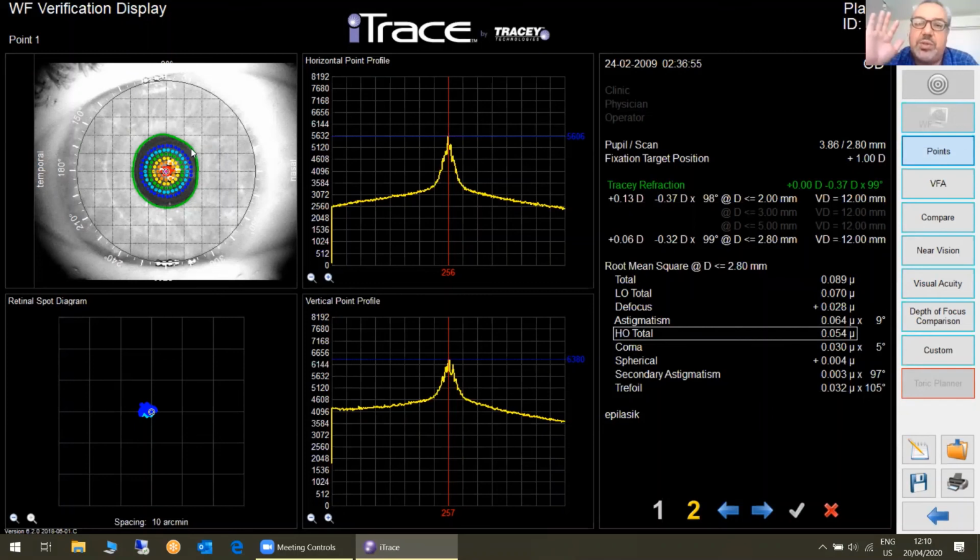The results are always good. But you have to be careful with the hyperopes, because sometimes they are less than happy. And this is because you have treated in the middle of the pupil and they are seeing through a visual axis which is nasally decentered. So that causes a natural coma, and that's why they are not happy.